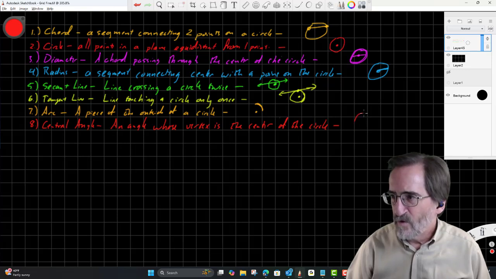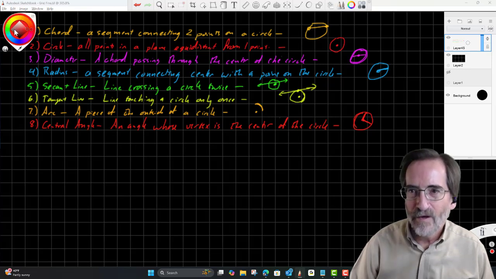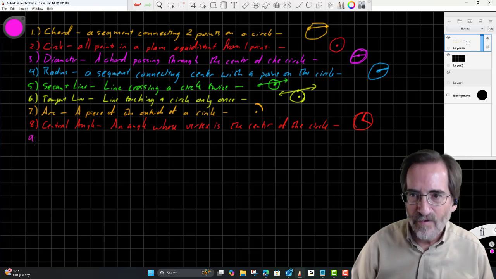Okay, so here's a circle, here's the center, so it's basically made up of 2 radii. Central angle.